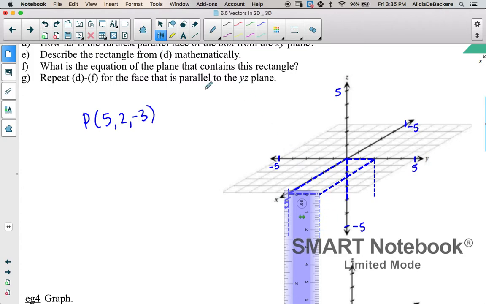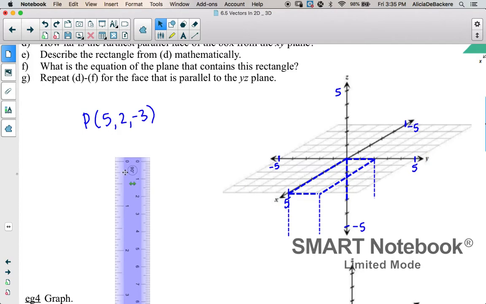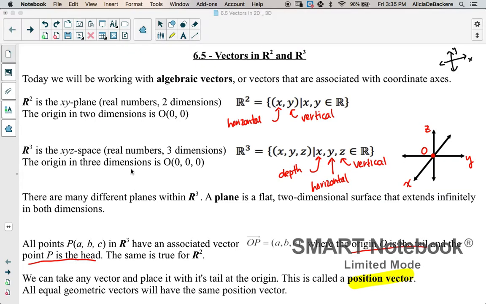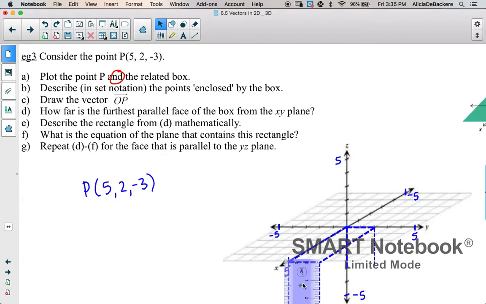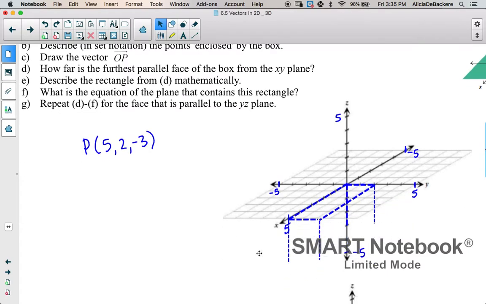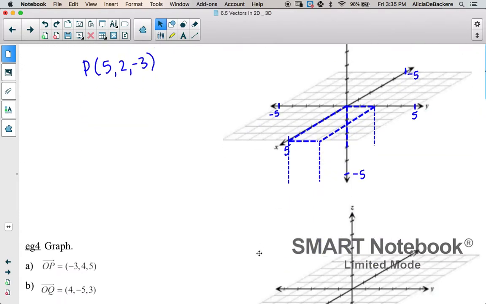That guy didn't work out. Okay, so now that we've drawn all the lines going down the box, we're going to connect those bottom corners.